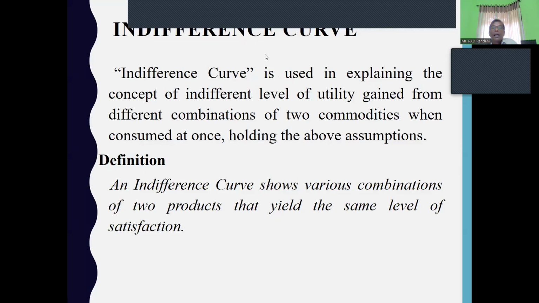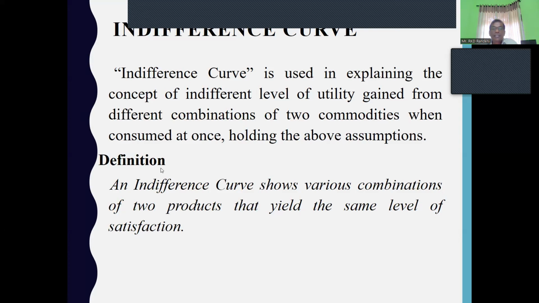According to the theory, under these assumptions, you can derive the indifference curve. The indifference curve is used to explain the concept of an indifferent level of utility gain from different combinations of two commodities when consumed at once, holding the above assumptions.